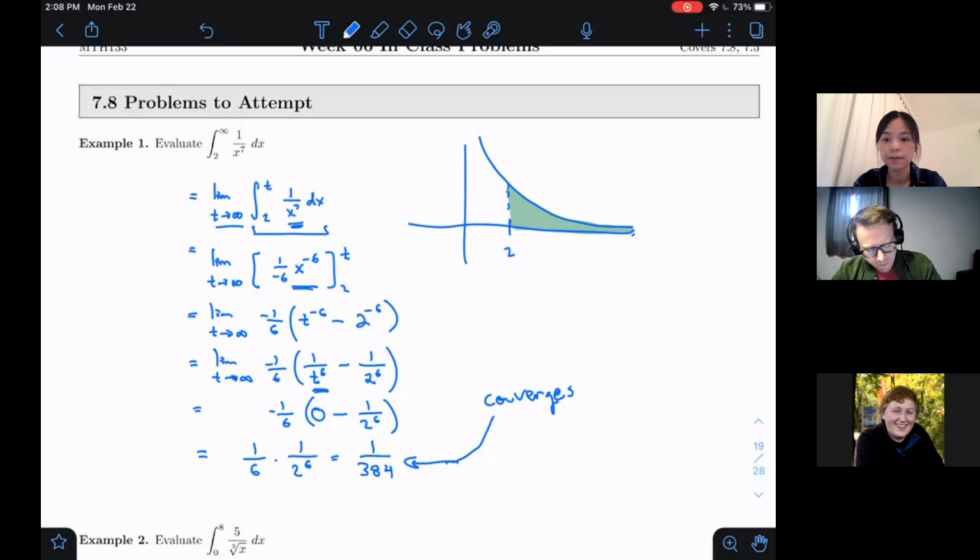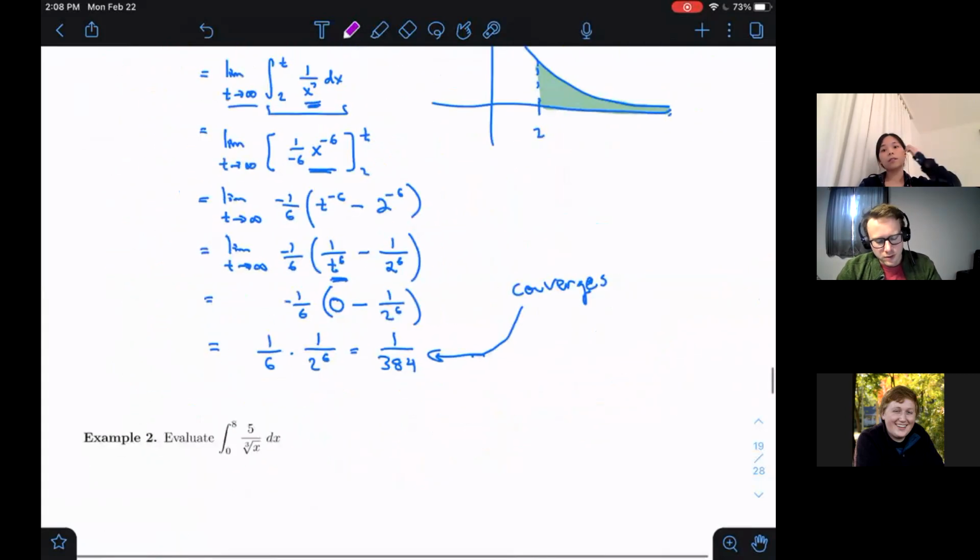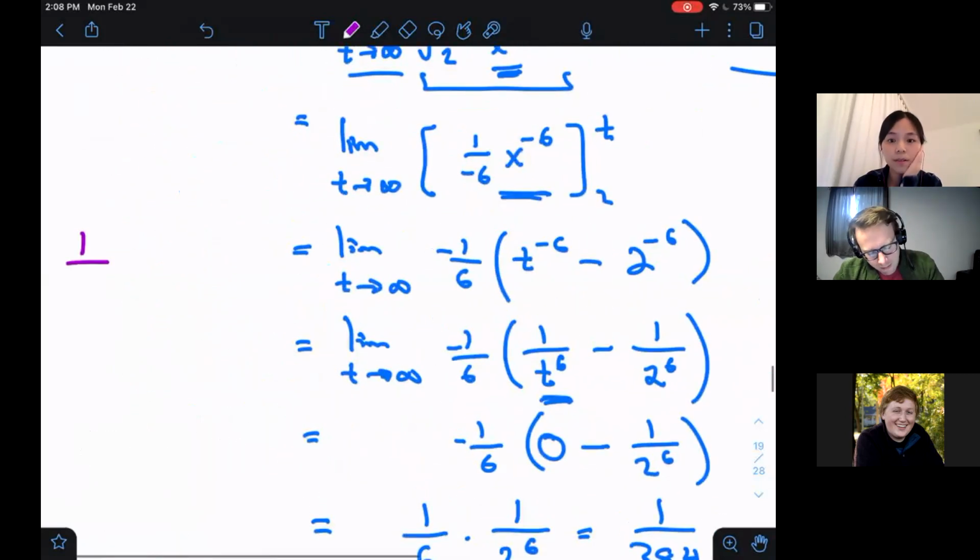So for these ones, if you are going fast, there are less proper ways of doing these. So long as you create and maintain some rules for what it means to plug in infinity, rather than, like here, we don't actually plug in infinity into anything. You would have to create rules like 1 divided by infinity equals 0 and stuff like this, which many mathematicians will kind of cringe at.